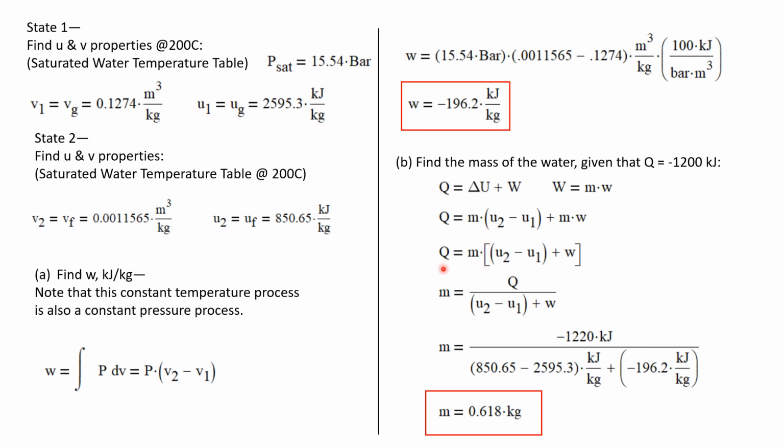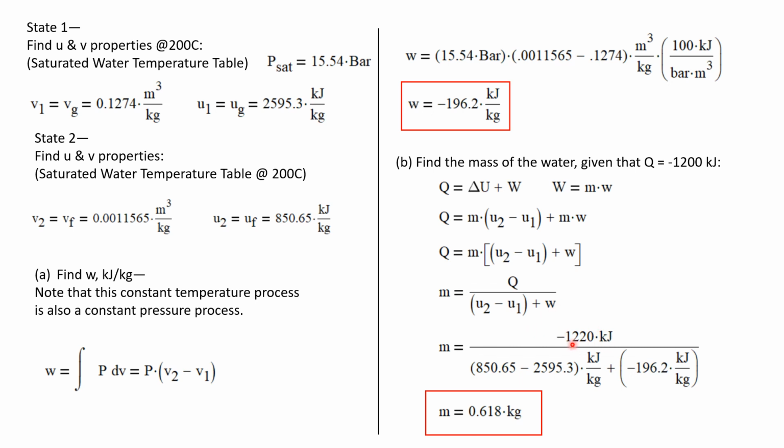I get Q is the mass times the change in the specific internal energy plus the work per unit mass, that's small w. Rearranging, solving for mass, I get mass is equal to Q divided by the change in specific internal energy plus the work done per unit mass.